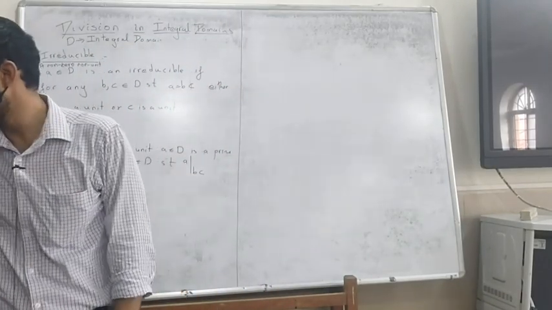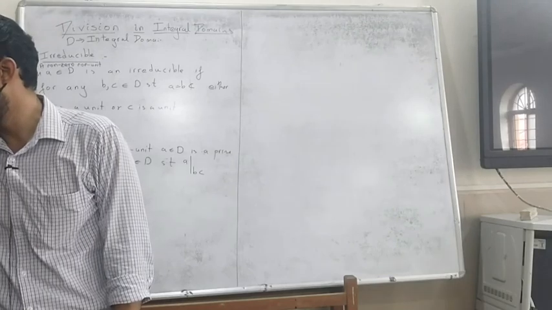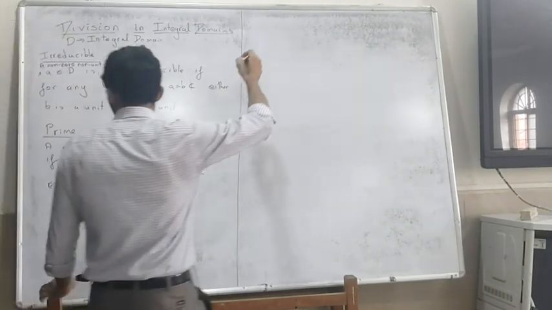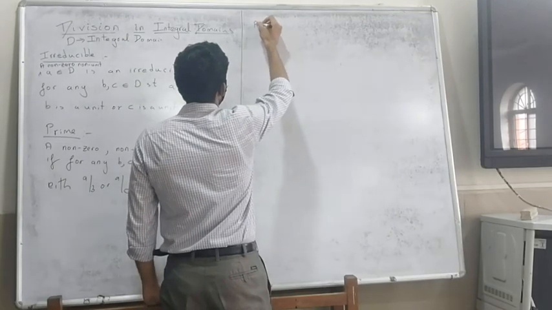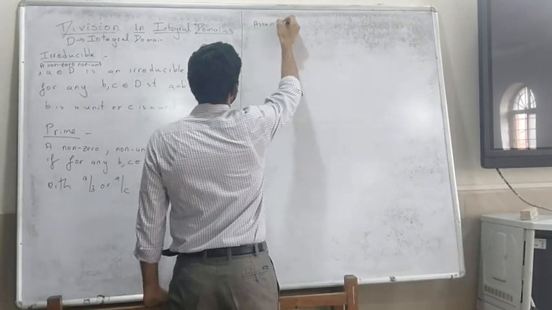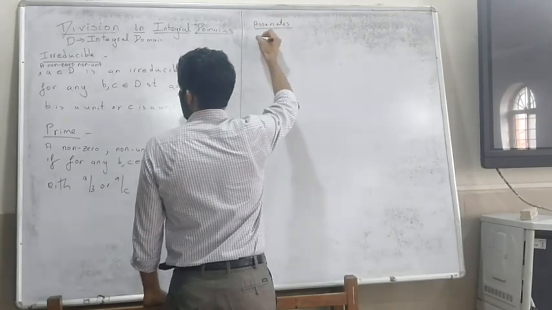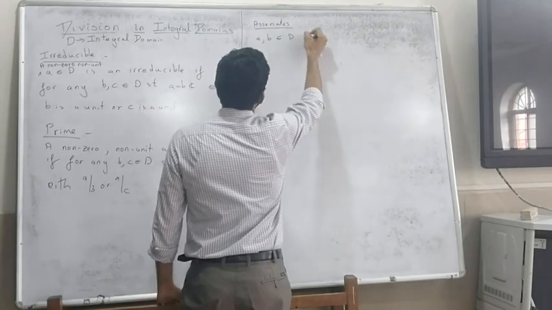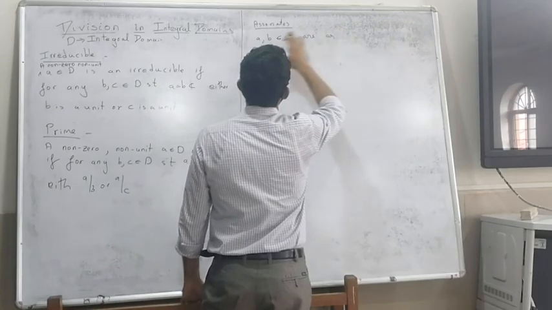So what are associates? A, B in D are said to be associates, or let me put it this way.